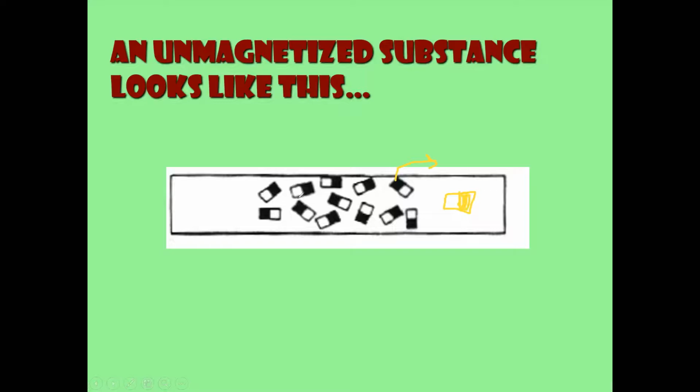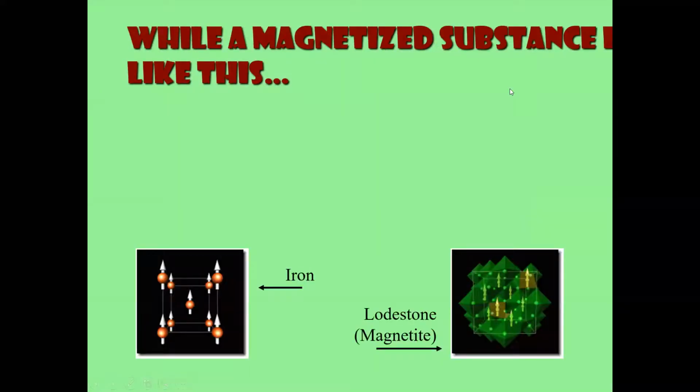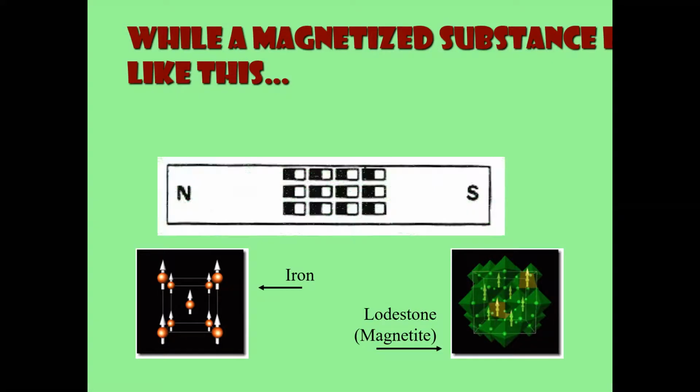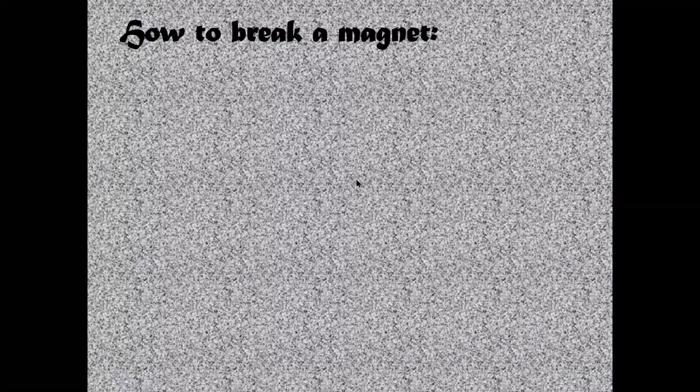So all of these small poles would be in the same direction and same orientation like this, while a magnetized substance looks like this. As you can see, this is shown in this diagram.